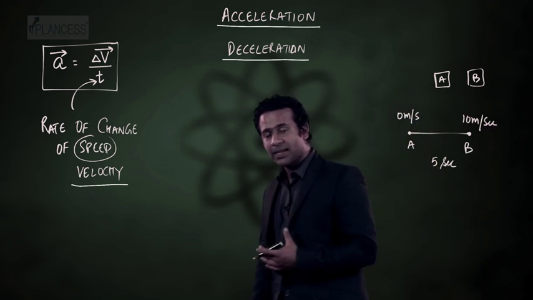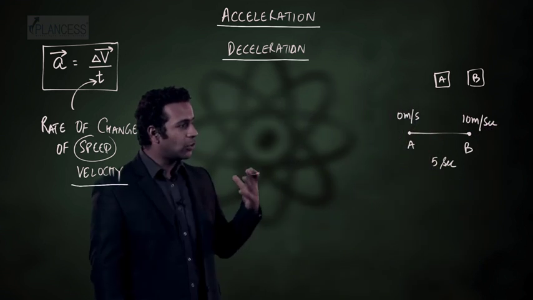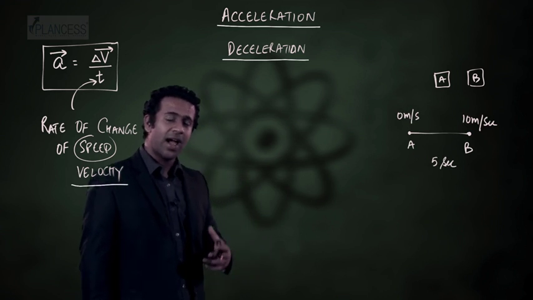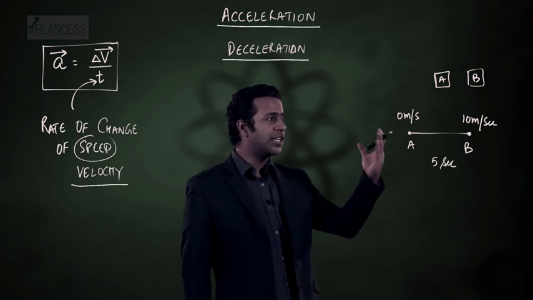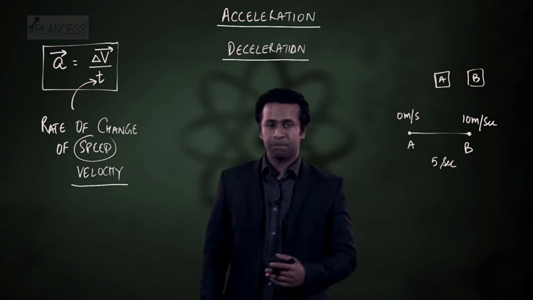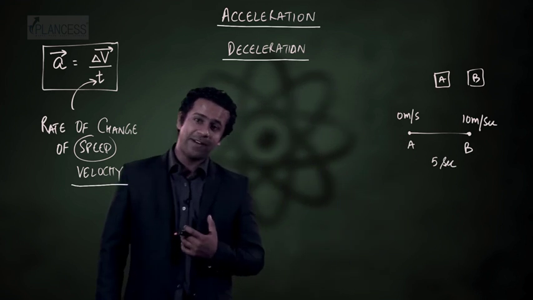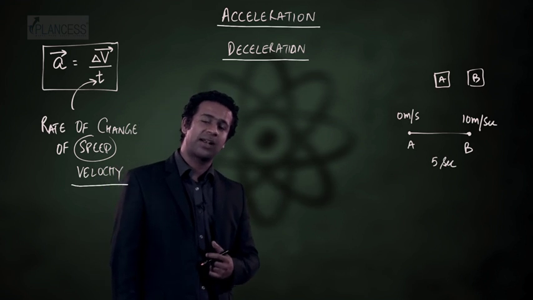So this particle has moved from A to B in 5 seconds, and it has increased its speed from 0 to 10 meter per second. So in this case, can you find out the acceleration of this particle?